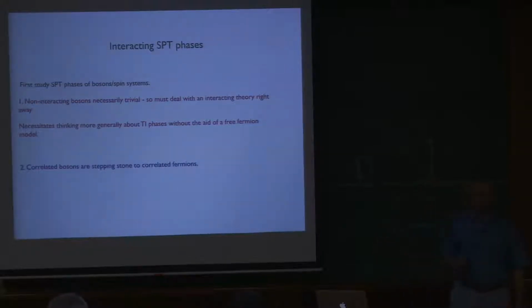First of all, there is no free particle limit in which we can sensibly describe a gapped phase of bosons. Non-interacting bosons, the only thing they can do is Bose-condense. So unlike for fermions, right from the beginning we have to think non-perturbatively. It jolts us out of the comfort zone of free fermion band theory right from the beginning.